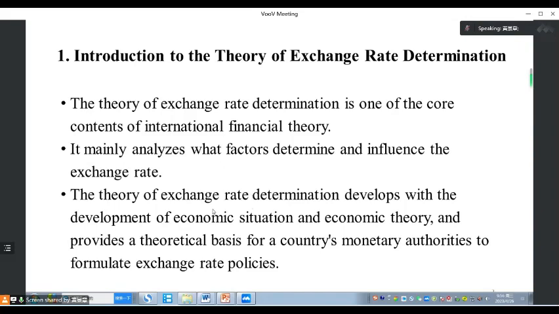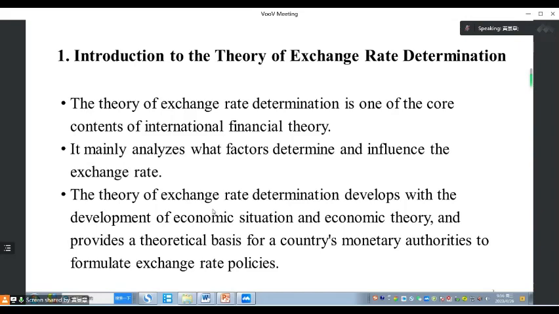In this page of PPT, we can find the factors which determine the exchange rate of international finance. And the exchange rate determination developed with the development of economic theory.